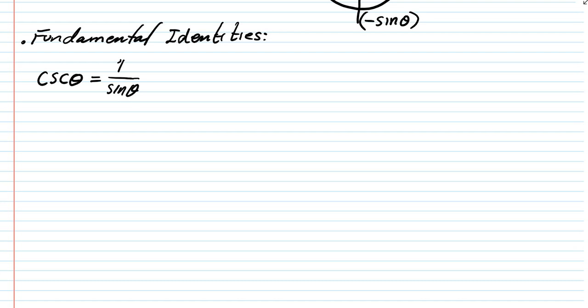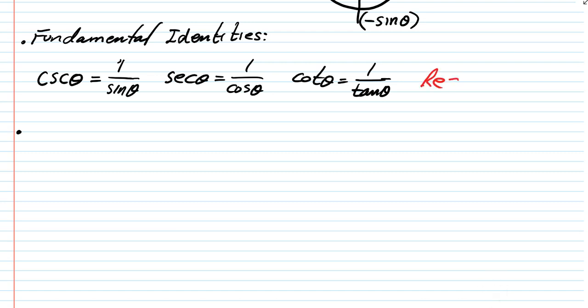This is also known as the reciprocal identity. So is the next one. Secant is 1 over cosine. Another reciprocal: cotangent, the reciprocal of tangent. So these 3 are often referred to as reciprocal identities. Remember, reciprocal means 1 over. That's what these are, 1 over.